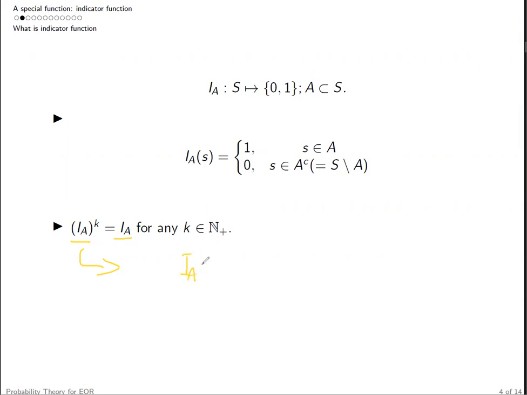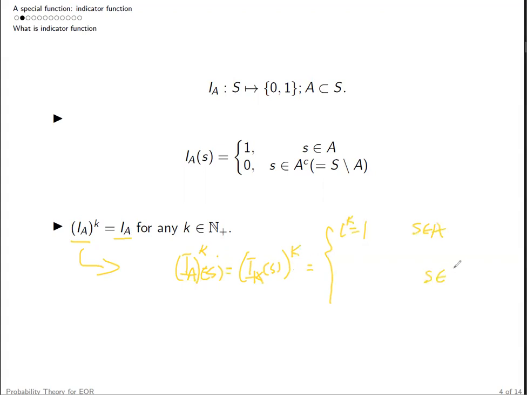Let's take a look at I_A to the power k. Suppose now we have an element from S, small s. It's equal to I_A of small s, to the power k. If s is from A, we know it's going to be 1 to the power k, which is still equal to 1.